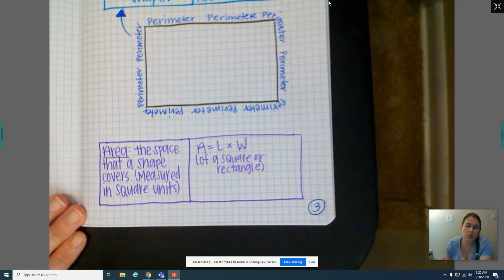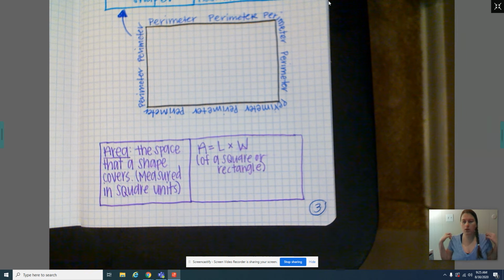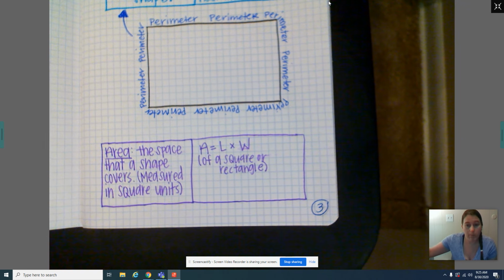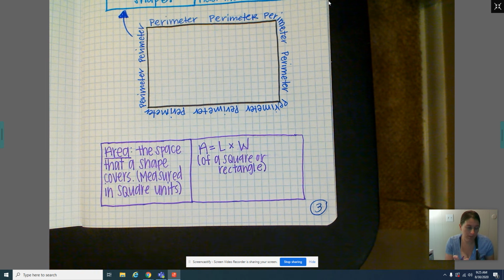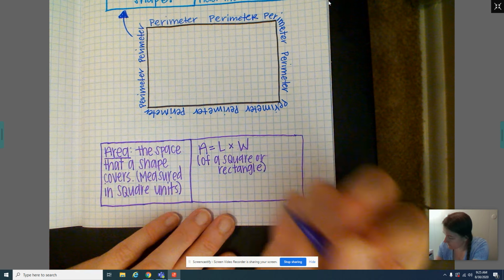All right, when you get into the area of a triangle, the area of a trapezoid, things like that, it's not quite as simple as length times width, which is one of the things that we're gonna cover in this first unit, geometry unit. But what they really want you to take away from that is just remembering that when we're doing the area, you're multiplying the length times the width together, okay?